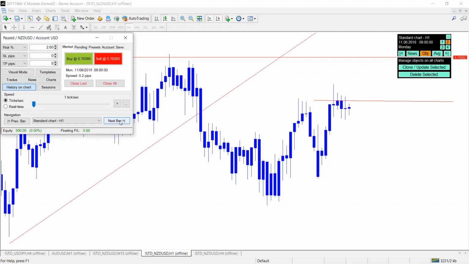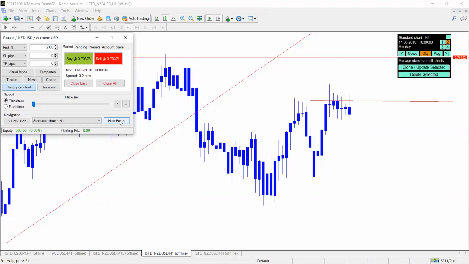Okay, still indecision. Okay, that looks good to me. Tell me what's changed about the structure. So what changed is, previously we had rejection wicks coming from the upside and the downside.